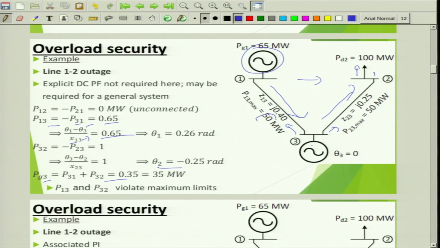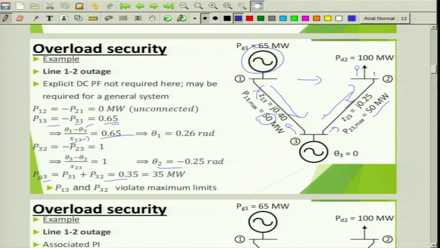For P13, the limit is 0.5 per unit, but now it is 0.65 per unit. So this line is exceeding the limit, and P32 also. For P32 the limit is 50 megawatt or 0.5, but the entire 1 per unit power required by the load is being carried by this line. So both these lines are overloaded.